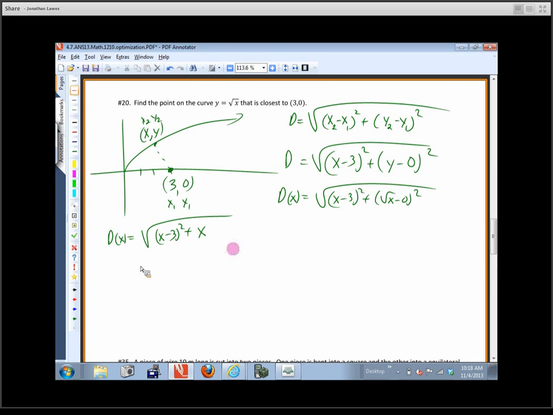And what do we want to do with this function? Minimize. So we want to minimize this right here. Now, that means we need to consider the domain. What would the domain be?